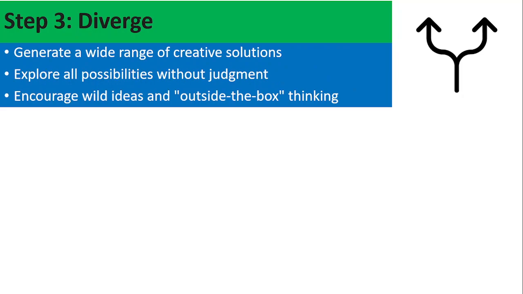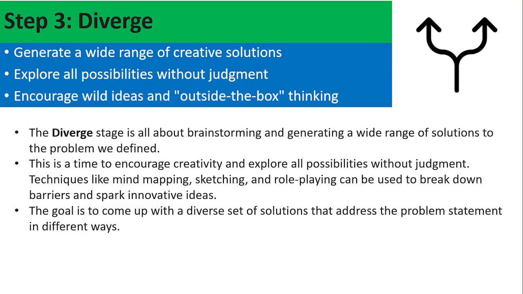And then we move to the third step, which is diverge. The diverge stage is all about brainstorming and generating a wide range of solutions to the problem we defined. This is a time to encourage creativity and explore all possibilities without judgment. Mapping, sketching, and role playing can be used to break down barriers and spark innovative ideas.